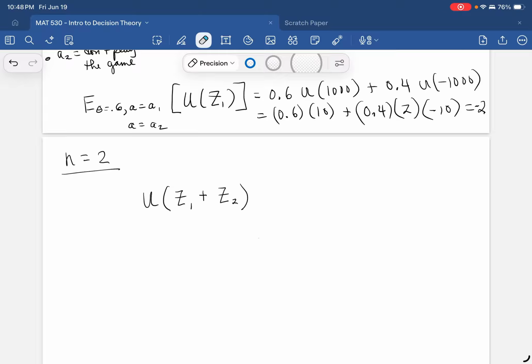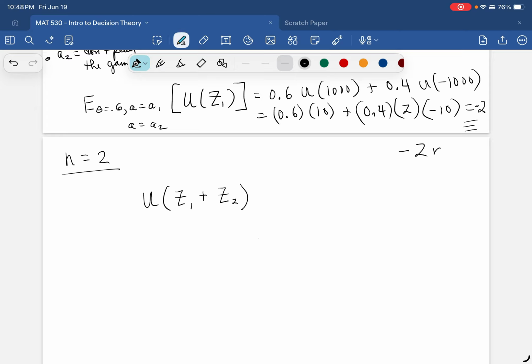because if this were a linear utility function, then you can just see that for playing this game n times, the total utility would be negative 2n, which would tell you to never play the game. But again, this utility function is not linear.